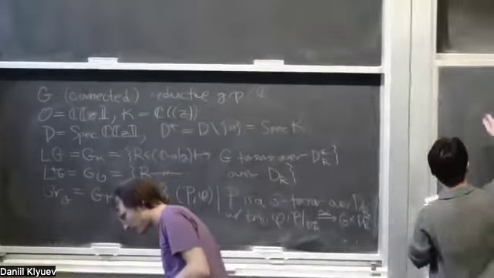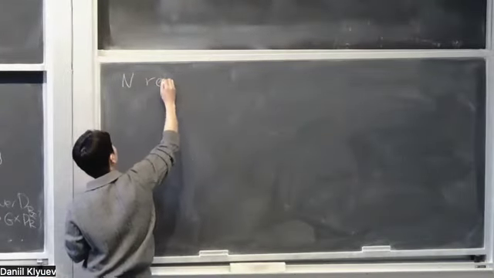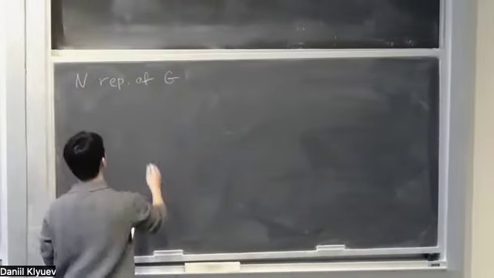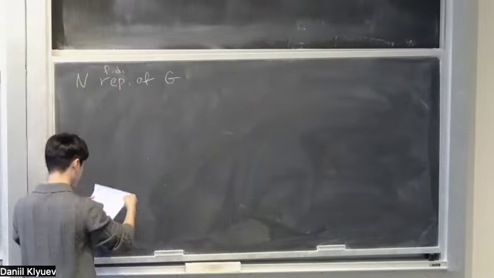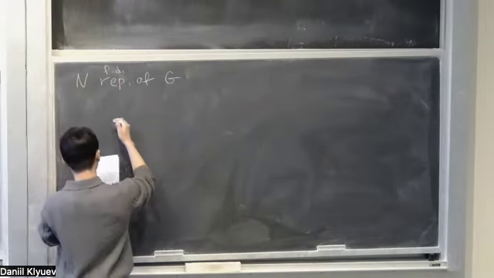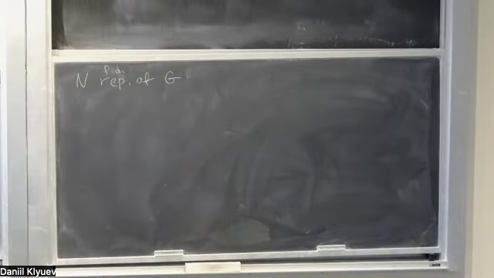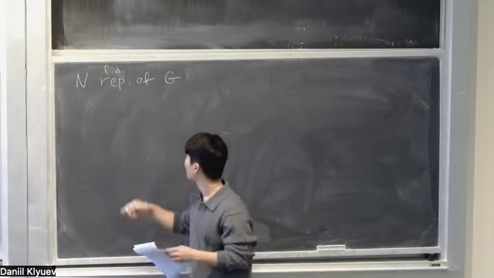Okay, so that's all from last time. And now let N be some finite dimensional representation of G over C. I want to define what that R is. It's some type of very large space, but it's not that horrible.